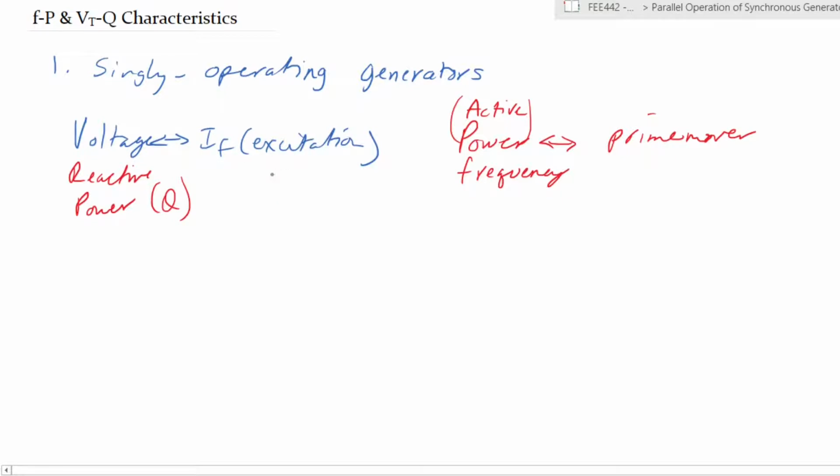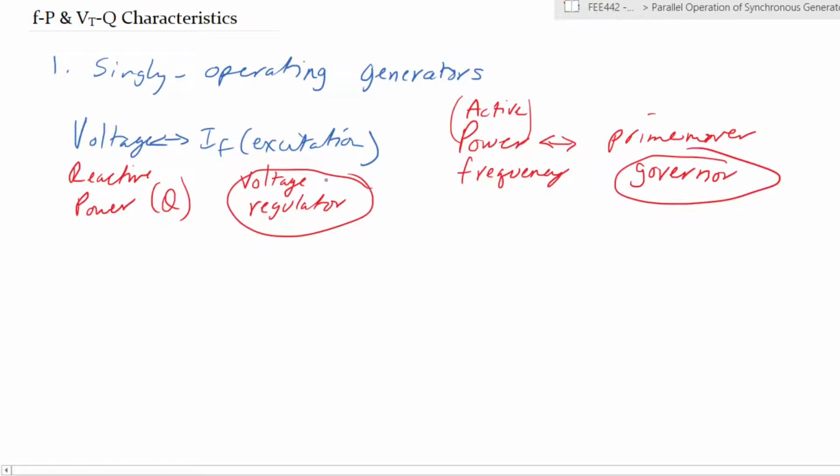And IF, or excitation, in practical generators is called the voltage regulator system. And on this side, active power or the prime mover is regulated by the governor. So these two are the main means by which we alter the operation of the generator in terms of the loads that we need to supply.